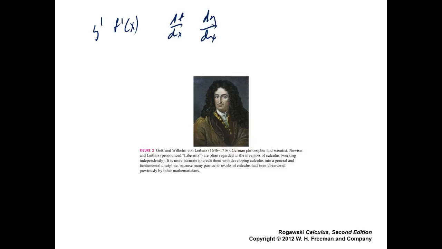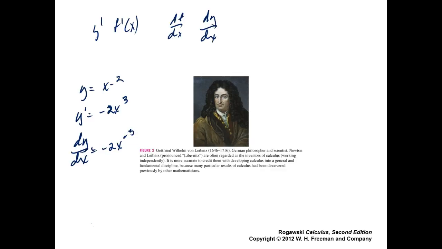So in the last problem we did, we said y is equal to x to the minus 2. We say y prime is equal to minus 2x to the minus 3, right? If you wrote it in Leibniz notation, it would be dy dx is equal to minus 2x to the minus 3, okay?